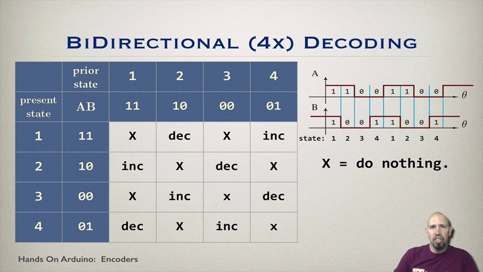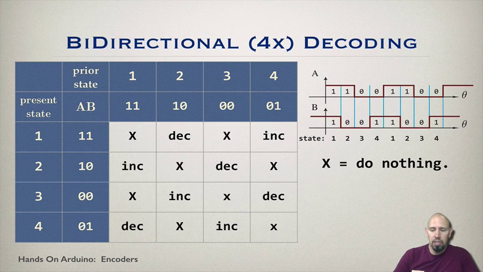Each time a transition occurs, we're going to update our counter or not, depending on what the x is. In general, the x means do nothing. Supposedly that can't happen, right? Supposedly you can't get a transition and be back at the original state. But if it did, we would do nothing because we wouldn't know to increment or decrement.